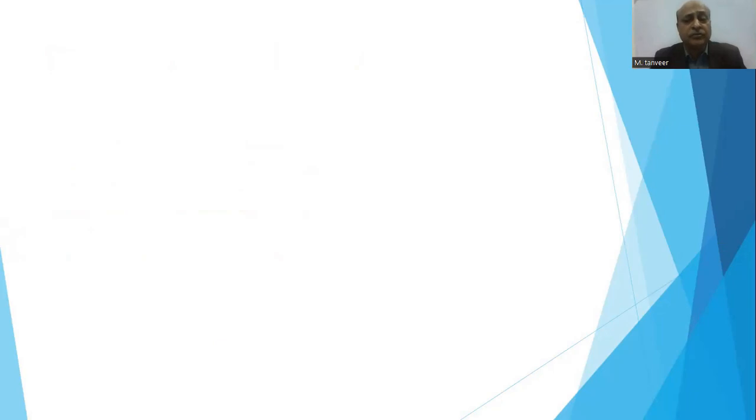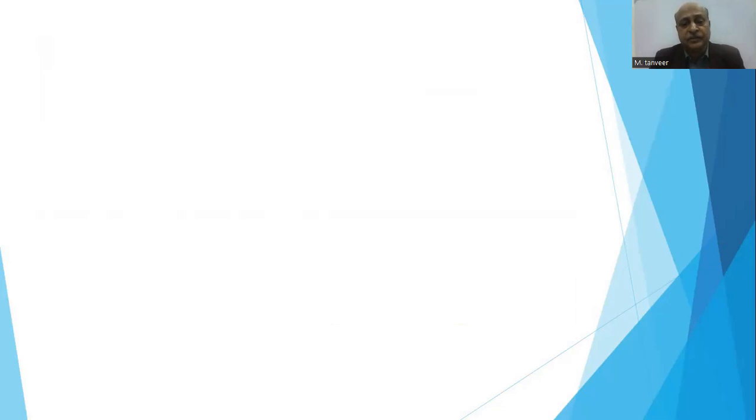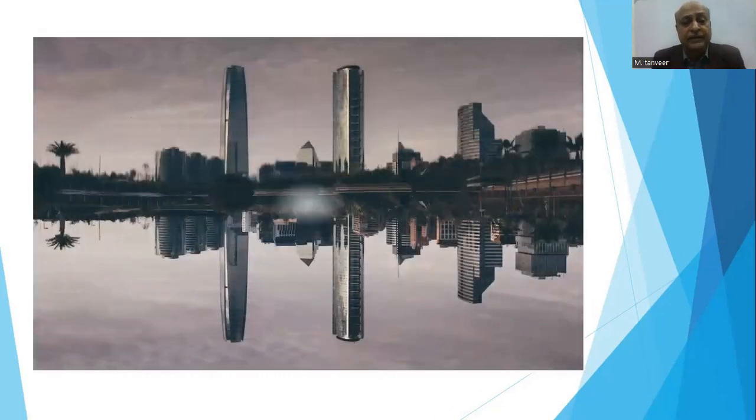So we will move towards the first topic of this unit, and this topic is reflection of light. Look at this image. This is an image of a building, and its reflection is shown in clear water.